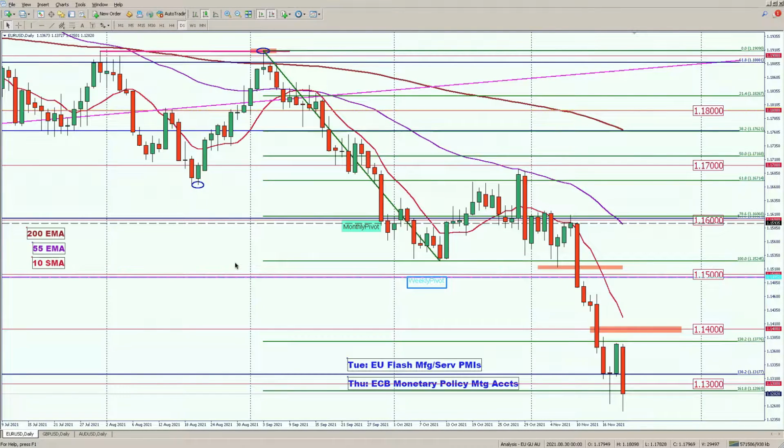So let's use this fib here. Okay, with this much weakness, I think we could also move this resistance zone below 114, because the fib extension here 138 could provide some resistance.